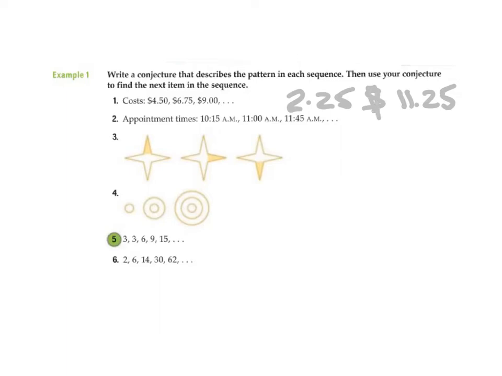Now let's have a look at number 5. Number 5 is a typical example of a sequence of numbers. So 3 is the first one, the second 3 is the second one, the 6 is the third, etc. But you need to go back to the 0. You don't know where it started, but let's assume that you start at 0. From 0 to 3, you've added 3. 3 add 6 makes 9. 6 add 9 makes 15.